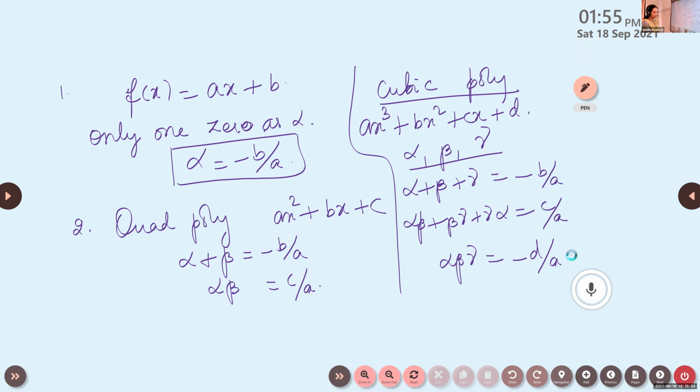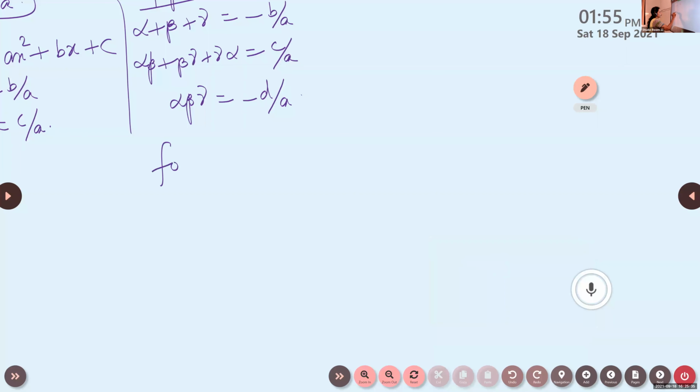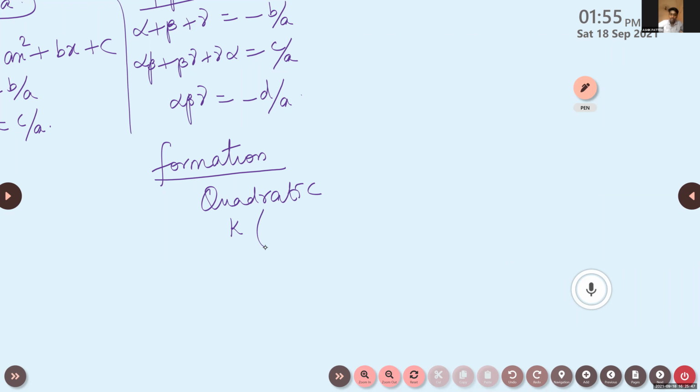And then formation of a polynomial also we have learned. What is the formula for the formation? For a quadratic polynomial, it is given by k into x square minus (alpha plus beta) x plus alpha beta.